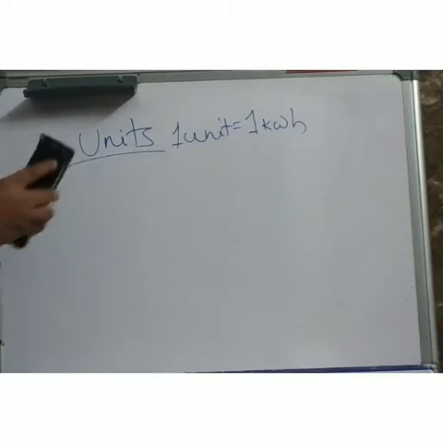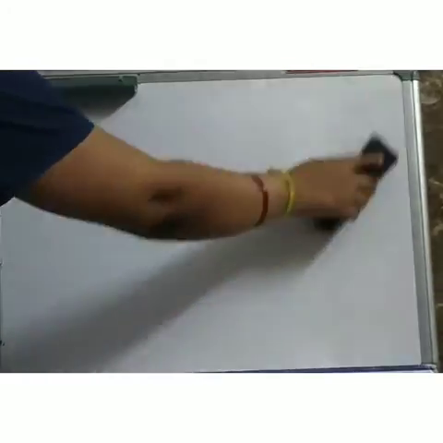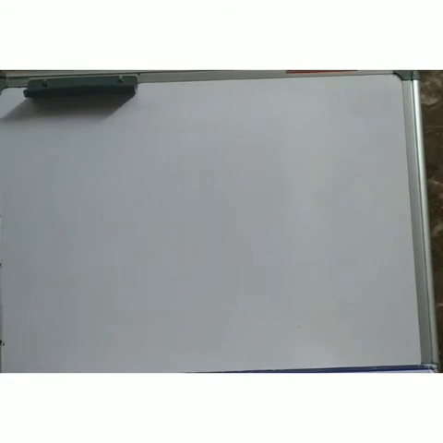Now next topic. Actually, just one more topic. Then I will take 2 lectures, I think, to discuss the numericals. Then this chapter will be done. Then I will move to magnetic effect of electric current. Again very interesting. Some kids find this very tough because of lots of direction rules.